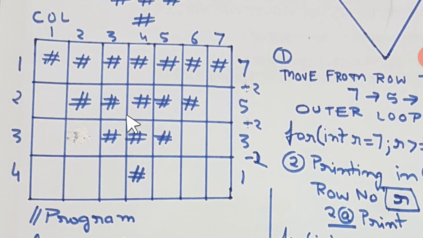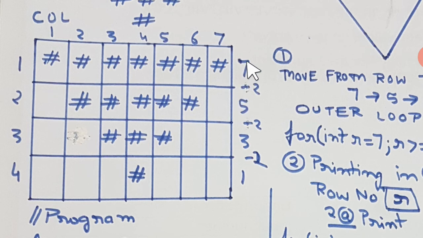In row number 5, 5 hash symbols are printed. In row number 3, 3 hash symbols are printed. And in row number 1, 1 hash symbol is printed. So that simply means that I have to write the loop for the row, and that is going to be the outer loop for these values.